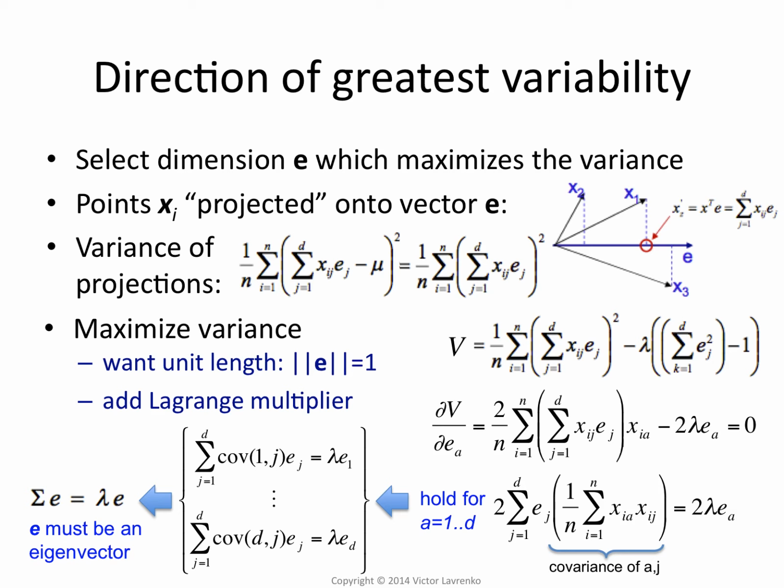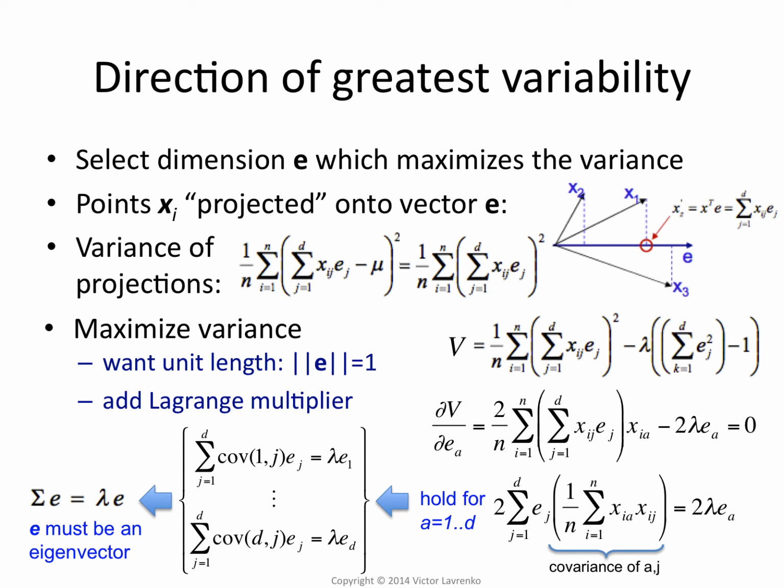Every row of it turns into a dot product when you multiply it by your vector E. So that's the dot product between the first row and E. That's the dot product between the last row and E. And what I get back is the first element of E multiplied by lambda, the second element of E multiplied by lambda, all the way down to the last element of E multiplied by lambda. So all in one equation, it gives you that form: the covariance matrix times E must be lambda times E.